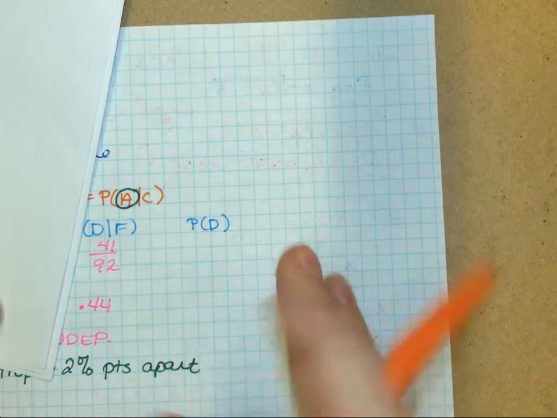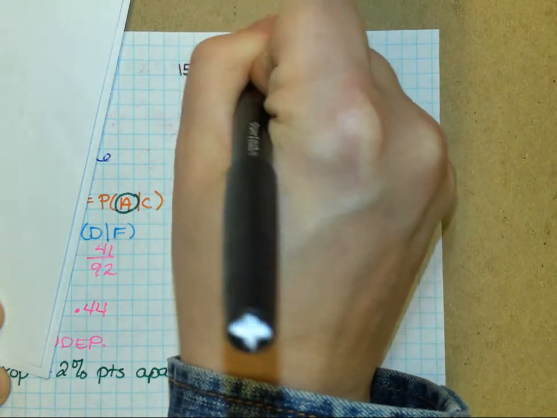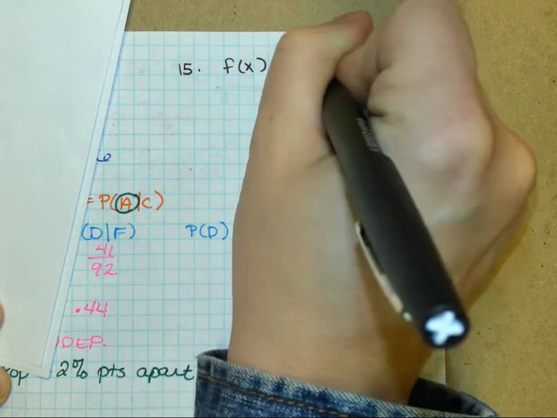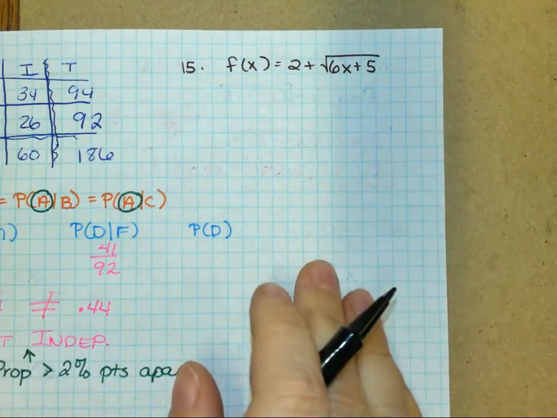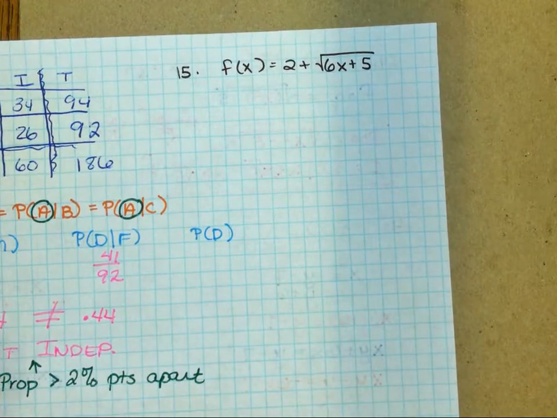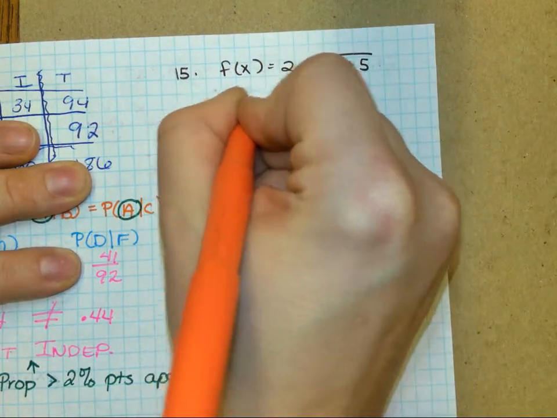I can do 15, but that's going to have to be the last one because we need to get started on new material. So number 15 said f of x was 2 plus root 6x plus 5. So the first step is to do what? Switch x and y.